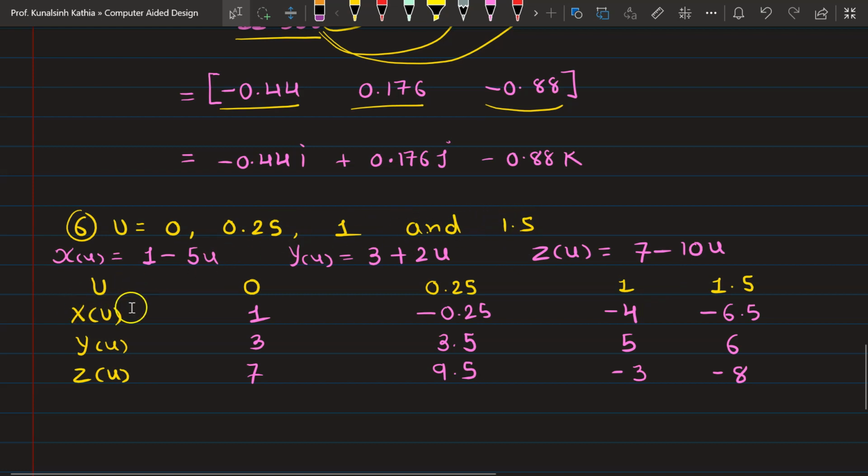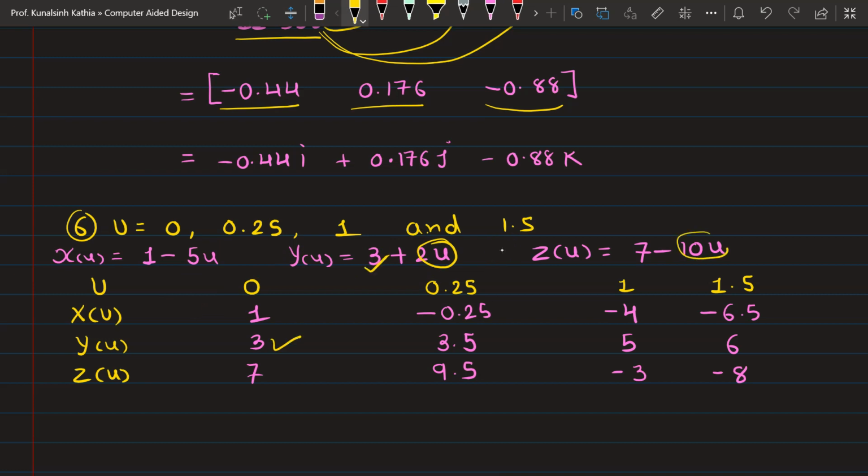Now for x(u), we put the value of u in the equation, and whatever answer I get I have to put here. If I put u equal to 0, then 5 multiplied by 0 will be 0, so the rest is 1. Similarly here this term will be 0 and 3 remains.